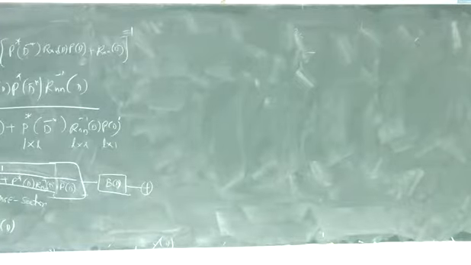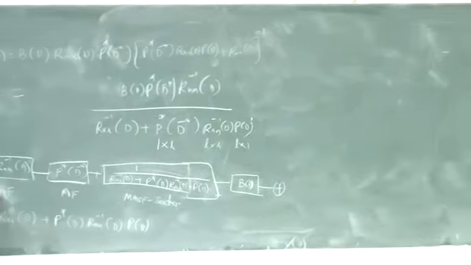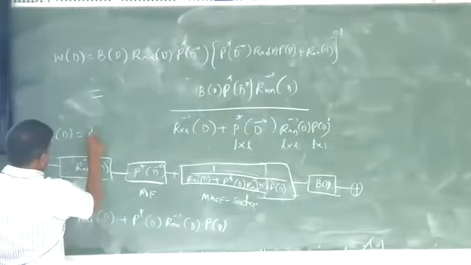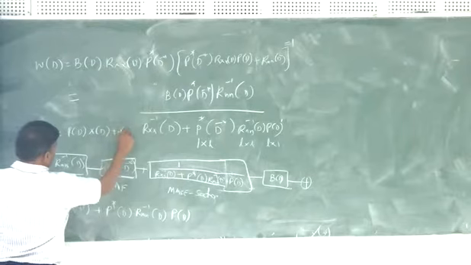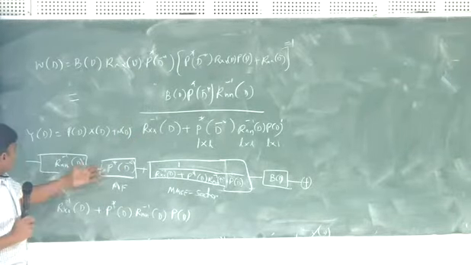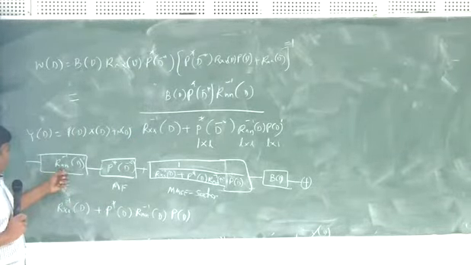What is the D transform of the impulse response? Well, basically, recalling that Y of D is P of D X of D plus N of D, if you apply this filter on this, what would be the total impulse response?